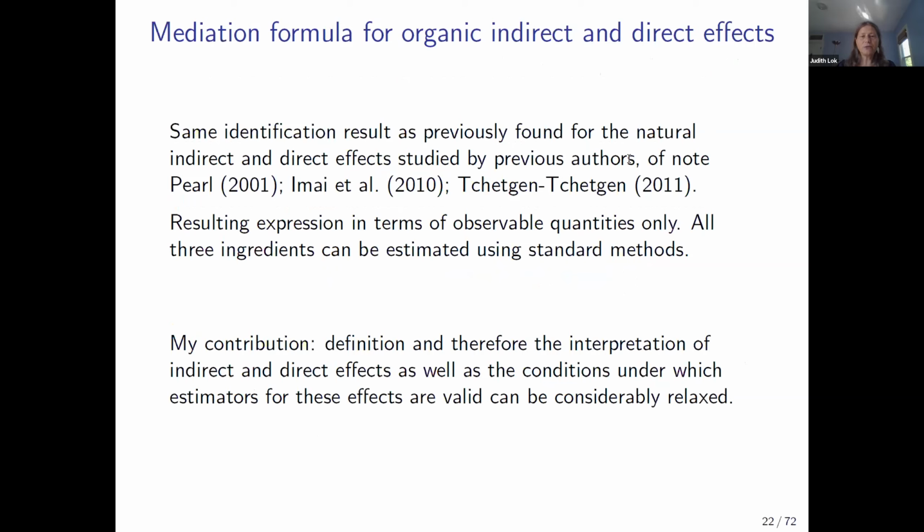And also the idea to include the common causes comes from the causal inference literature. This work really builds on the works of giants. The resulting expression is in terms of observable quantities only. All 3 ingredients can be estimated using standard methods. My contribution is that the definition, and therefore the interpretation, of indirect and direct effects and the conditions under which estimators for these effects are valid can in fact be considerably relaxed.